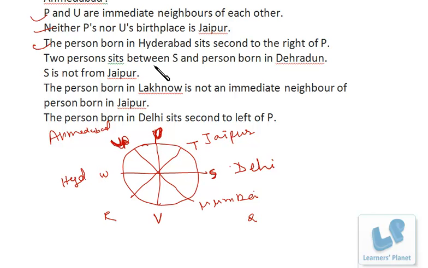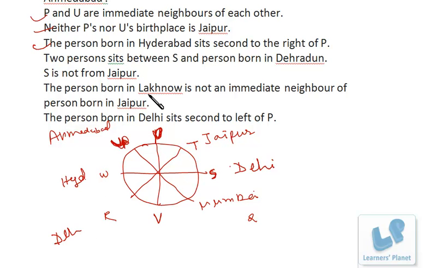Next is two persons sit between S and the person born in Dehradun. Now S and two persons, maybe this side or maybe this side, but on this side, if we drop two persons, it is U, and that is from Ahmedabad, which we have already written. That means it is this side, right? So two persons sit between S and the person born in Dehradun, so R must be from Dehradun.